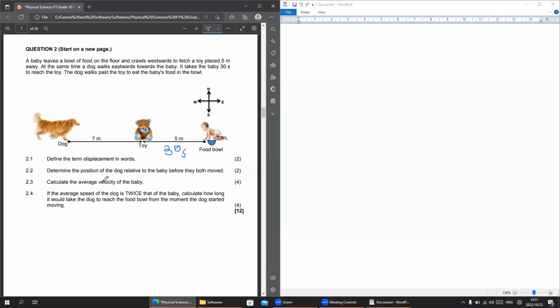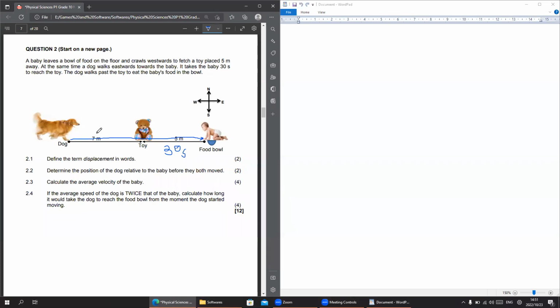Now we're gonna go to the next question. They say, what is displacement? So you know that the baby is gonna take 30 seconds to reach this toy. And now you also have to determine the displacement of the dog in order to reach the baby's food bowl.